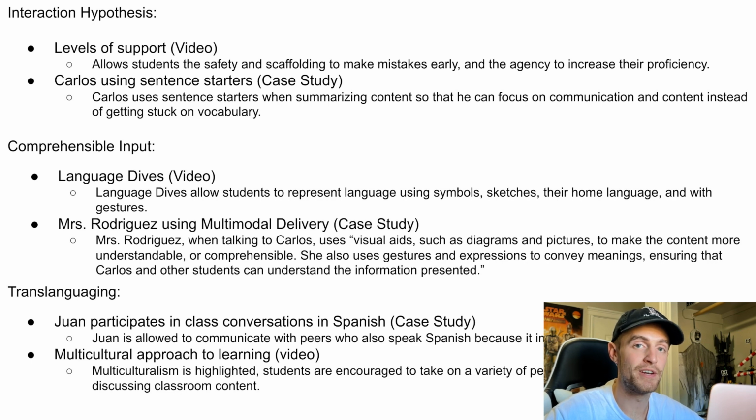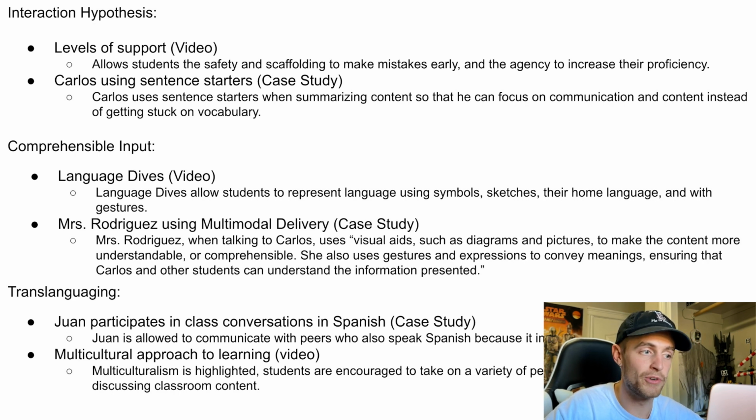And in the video, they talked about how this school that was presenting all of their sort of wonderful tactics for approaching multilingual learning just had a multicultural approach to education in general. They talked about how multiculturalism was highlighted not only in allowing students to communicate from their own perspective, but also taking on cultural perspectives from around the world when talking about history or writing.